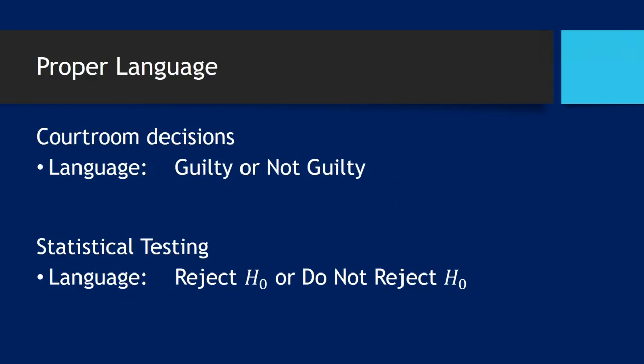Even in our interpretation, we said essentially not guilty, right? That's what do not reject H0 meant. If I said that the average sales was equal to 16,000, that would be the equivalent of me saying innocent. I don't want to say innocent. I want to say not guilty.